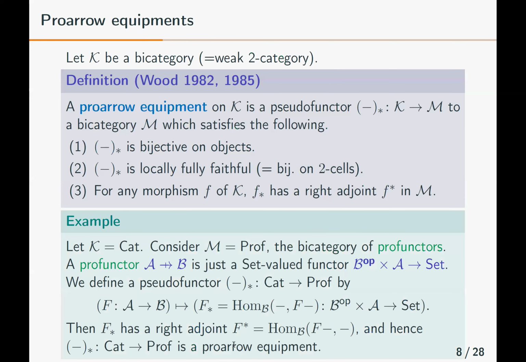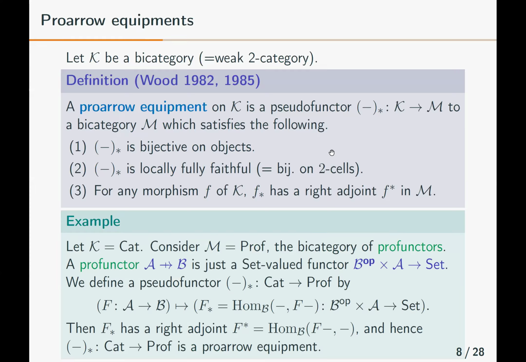Now let me show the definition of a proarrow equipment. Let K be a bicategory. A proarrow equipment on K consists of a pseudofunctor (-)_* from K to another bicategory M, satisfying three conditions.